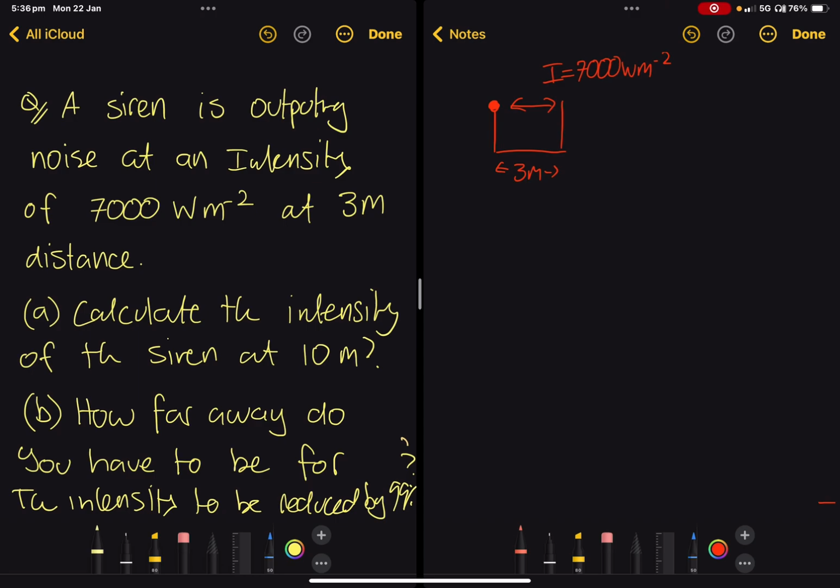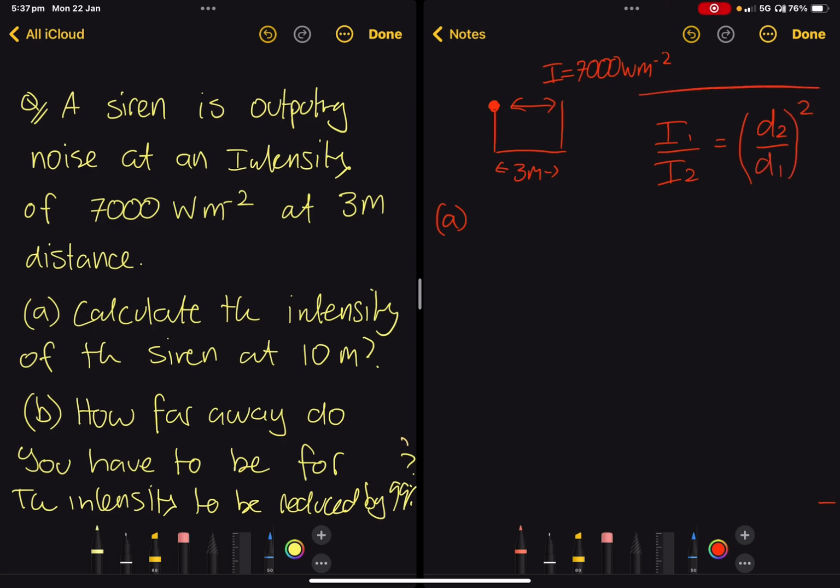So let's have a look at question A. We know that the ratio of intensities, intensity 1 over intensity 2, is equal to the ratio of distances squared, so distance 2 over distance 1 squared.